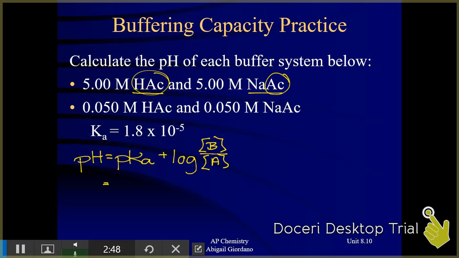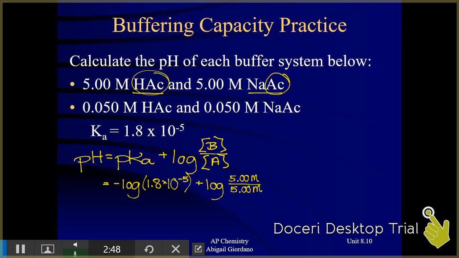Remember, pKa is defined as the negative log of the Ka, and that's given to me, plus log of, and if you look at that first bullet point, we are looking at equal molarities of the conjugate base and the acid.